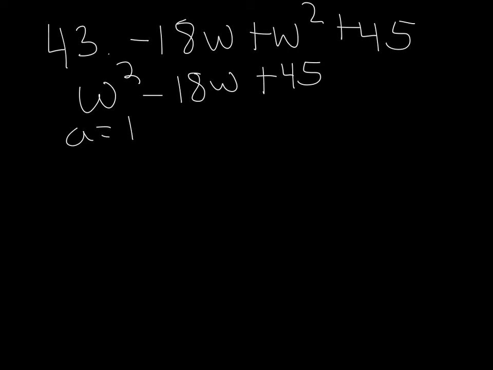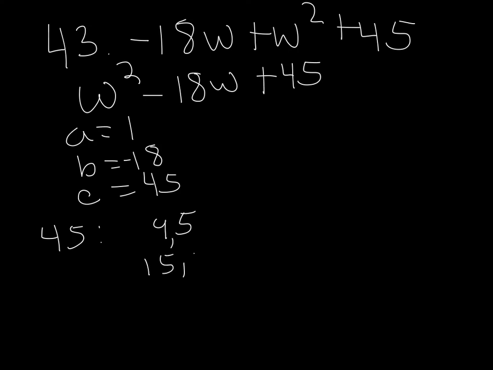So a equals 1, b equals a negative 18, and c equals 45. Okay, so now let's go ahead and break down the 45 and think about multiples for that. So we have 9 and 5. You've got 15 and 3. That's what comes to my mind right away.